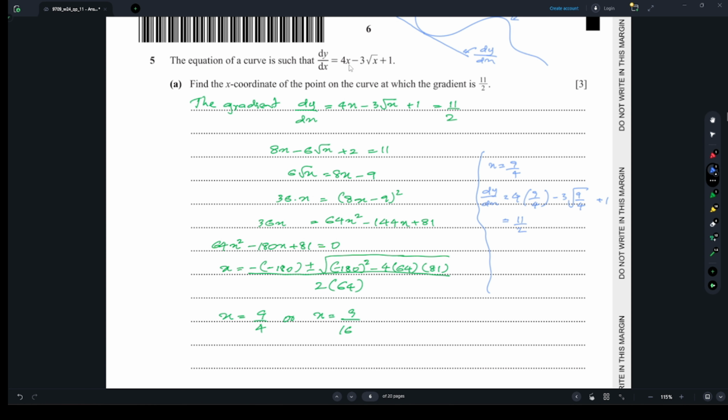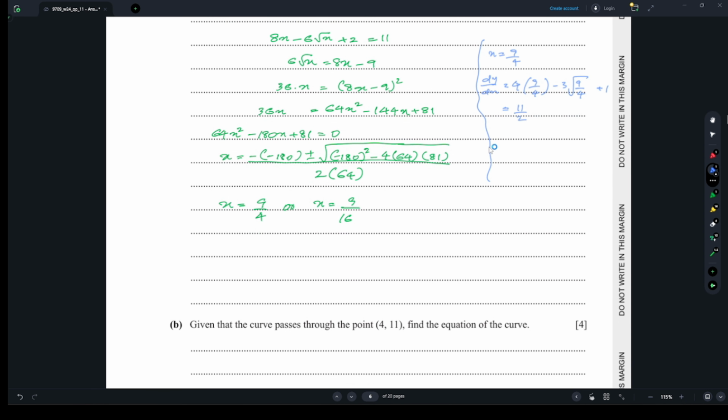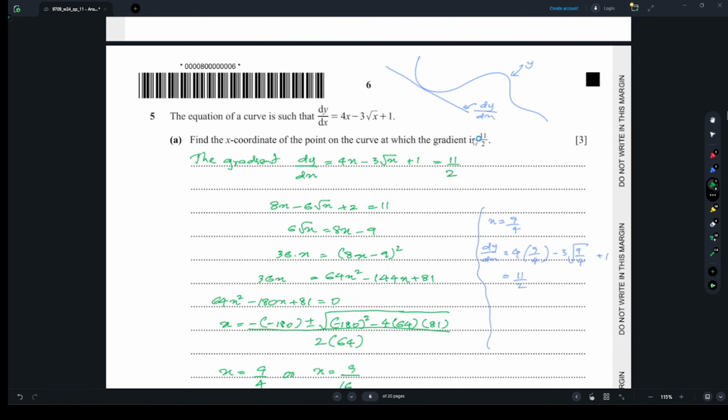Okay, and then you can consider in the same way, you can substitute x equals 9 over 16. In that case, you will not receive 11 over 2, because here they say that the gradient is 11 over 2.